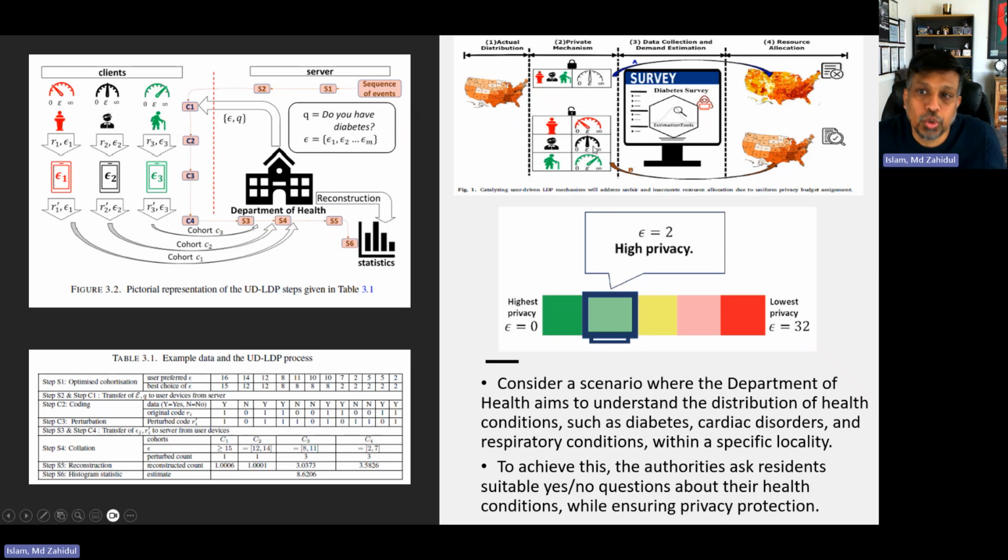Therefore, we are saying, let's give individuals the opportunity to choose their epsilon. What we are doing here in step one, instead of giving one single epsilon option, is giving, in this example, 4 epsilon options. One is 15.